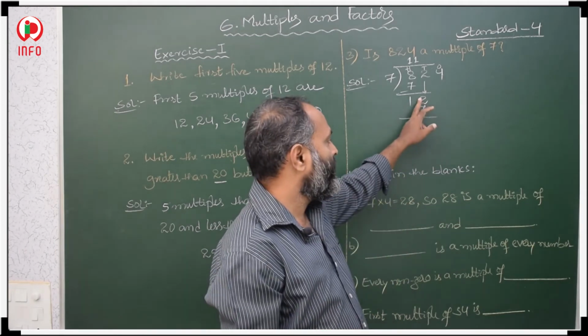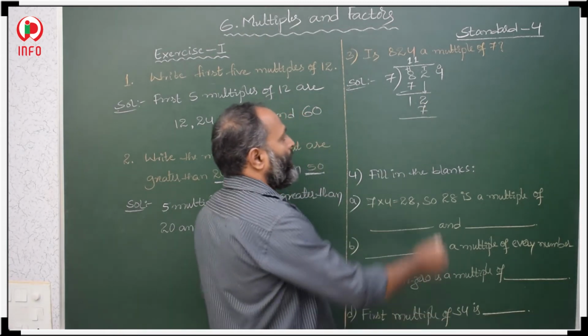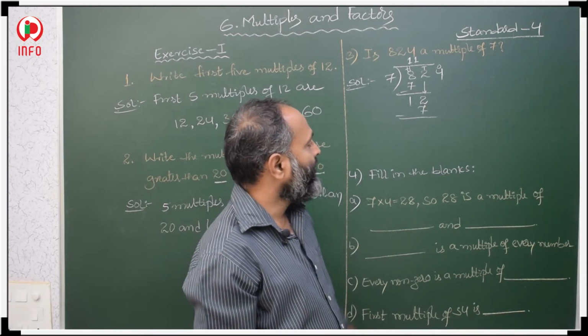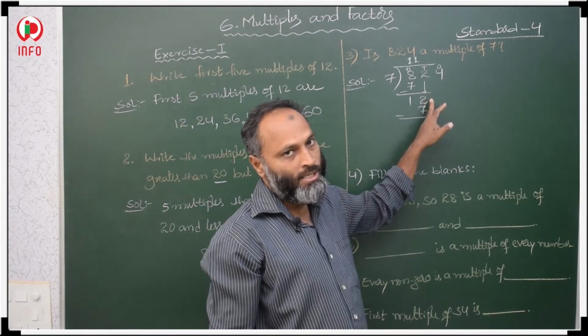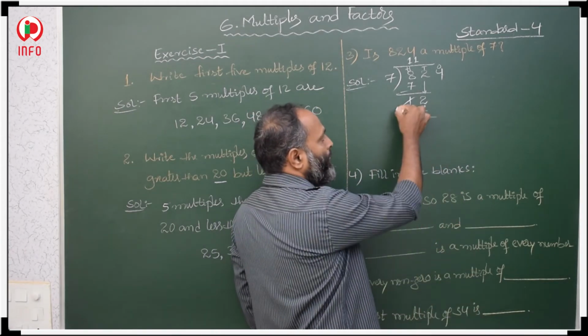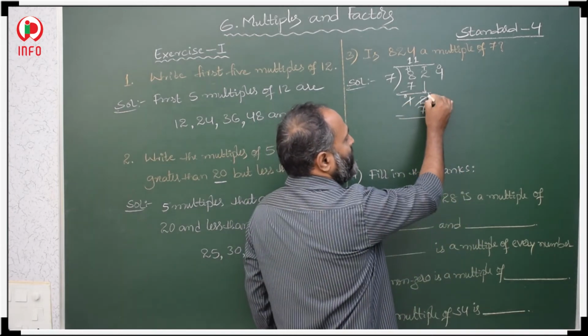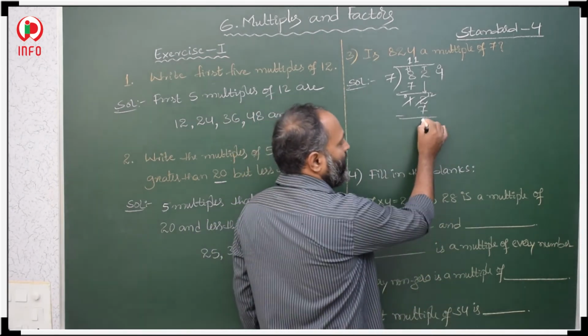So we have to take exactly below this 2. Now minus, here 2 is the minuend, 7 is the subtrahend, minuend is less than the subtrahend, so we have to borrow from the next place. It will decrease by 1 and it will increase by 10. 12 minus 7 is 5.